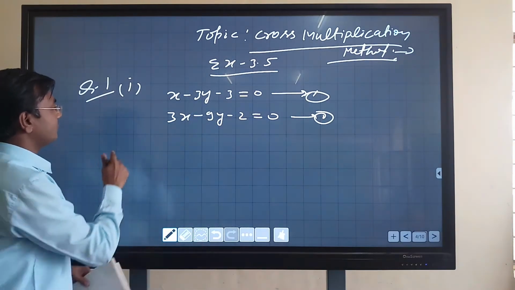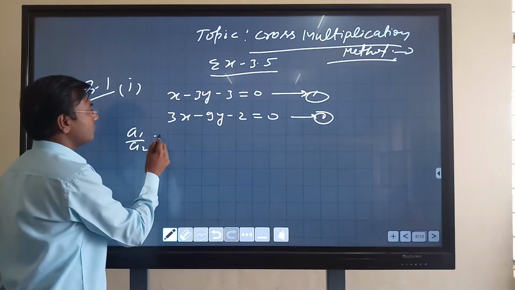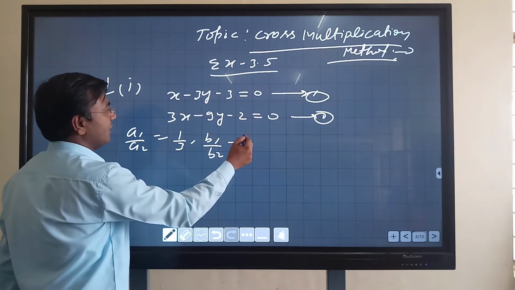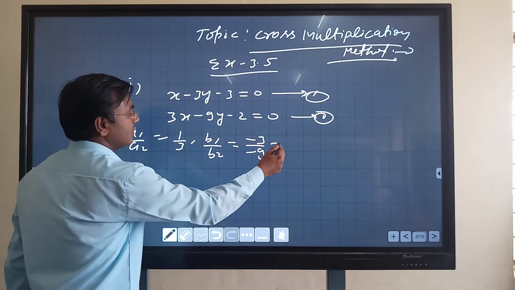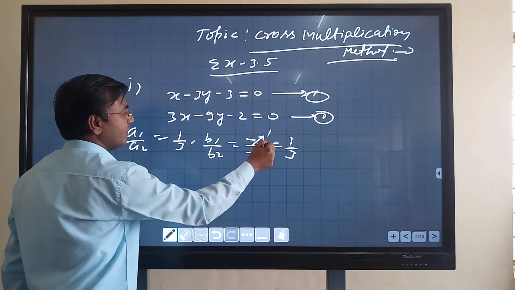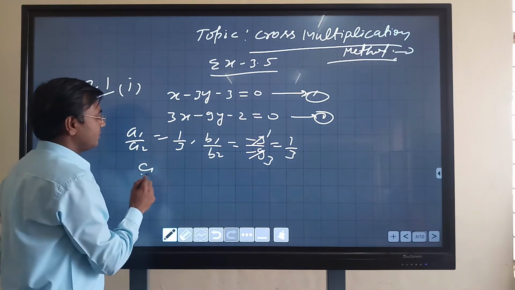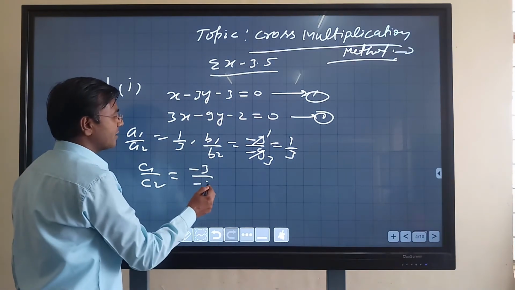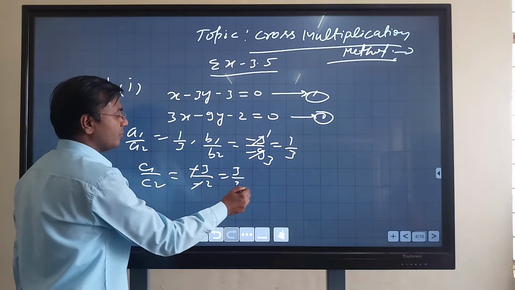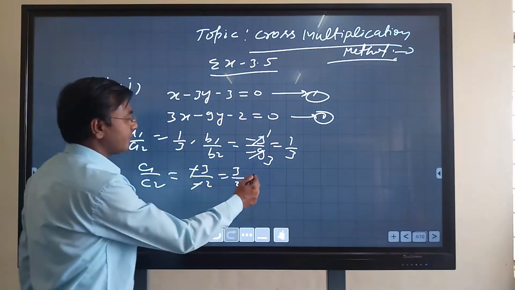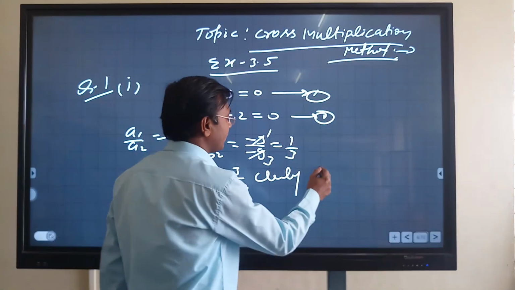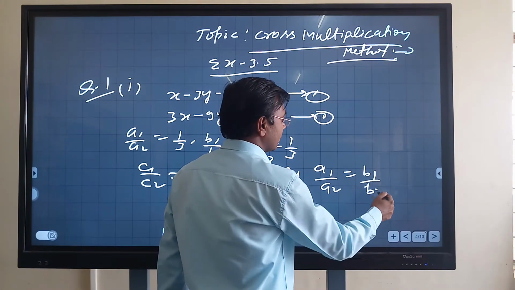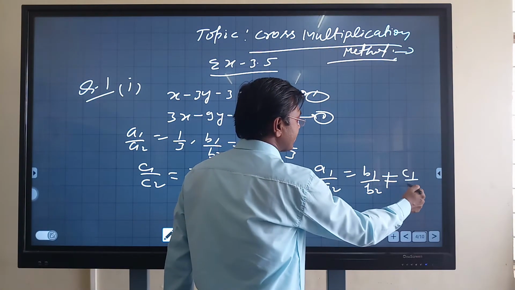Now here find a1 by a2, that is 1 by 3, b1 by b2 means minus 3 by minus 9, the coefficient of y, which simplifies to 1 by 3, and c1 by c2 is minus 3 upon minus 2, that is 3 by 2. So what do we find here? Clearly a1 by a2 equals b1 by b2 not equal to c1 by c2.